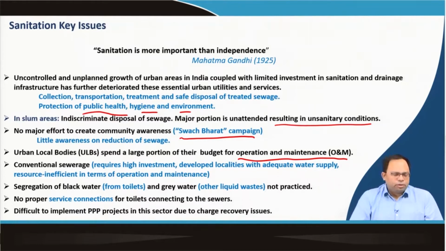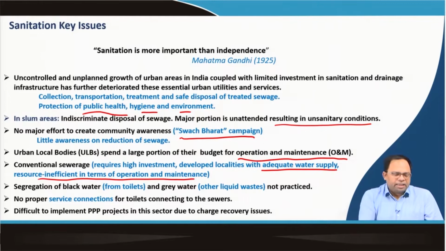We will discuss that eventually, but conventional sewerage is costly, requires high investment, requires adequate water supply, which is lacking in many cities of India, and is resource inefficient in terms of operation and maintenance as well. So, maybe some other forms of sewerage system may be appropriate for India, or maybe a mix of all the different kinds of sewerage system is actually better. That is what we should explore.